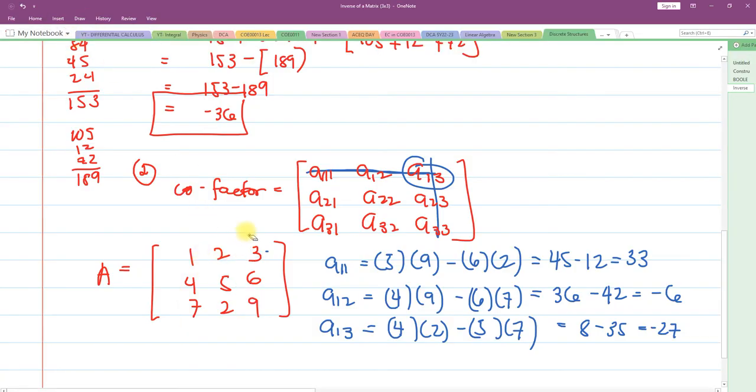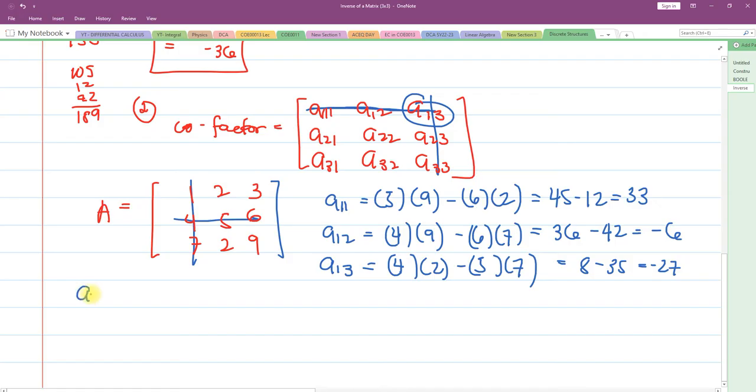Here. If I'm going to get A21, let me just rewrite. If I'm going to get A21, I'm crossing out row 2 and then column 1. And then I'm going to get the determinant of the remaining. So you have 2 times 9 minus 3 times 2. So that is 18 minus 6 and that is 12. How about A22?